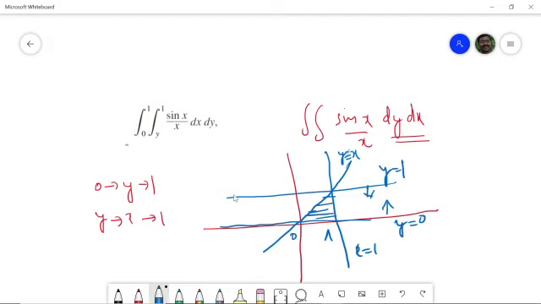So how will you write the limits here? You need dy dx, and the limits of x are 0 to 1. Now look at the variation of y in the vertical direction: it is moving from the line 0 to y equal to x, so this is the integral.